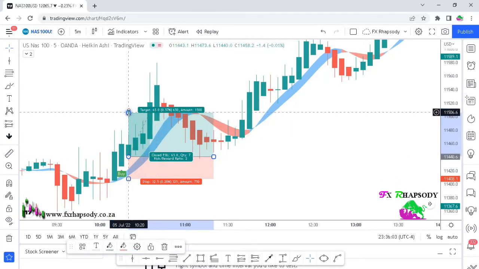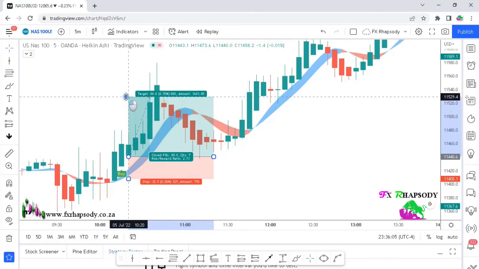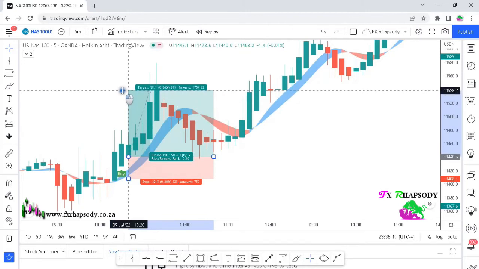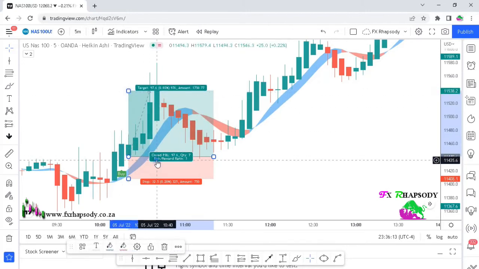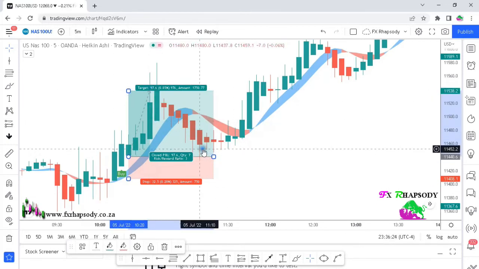A lot of times it goes above that, and that is all up to you, depending on your risk. Like this trade ran all the way to a 1-to-3 risk to reward. So again, 32 pips risk, 97 pips reward. Okay, this is our third target.